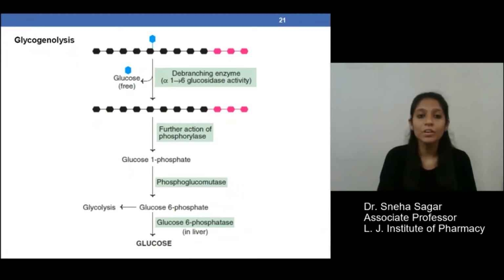It is further phosphorylated to form glucose 1-phosphate, and next it can form glucose 6-phosphate. It can undergo glycolysis also, and from glucose 6-phosphate we can get glucose. So this is about the glycogenolysis step from glycogen to glucose.